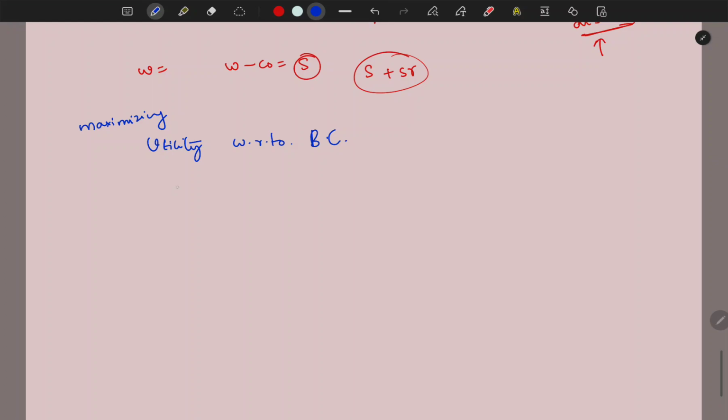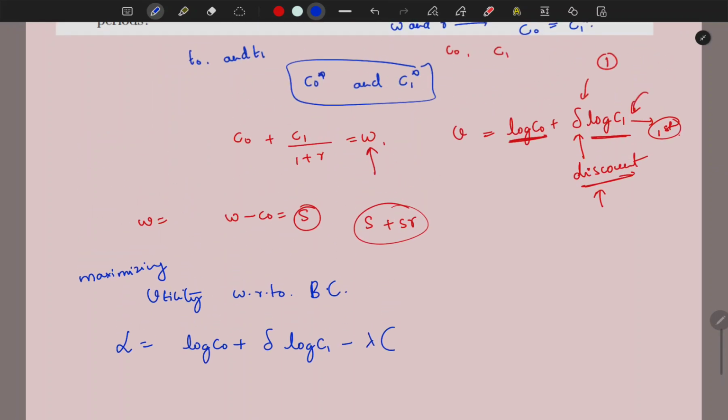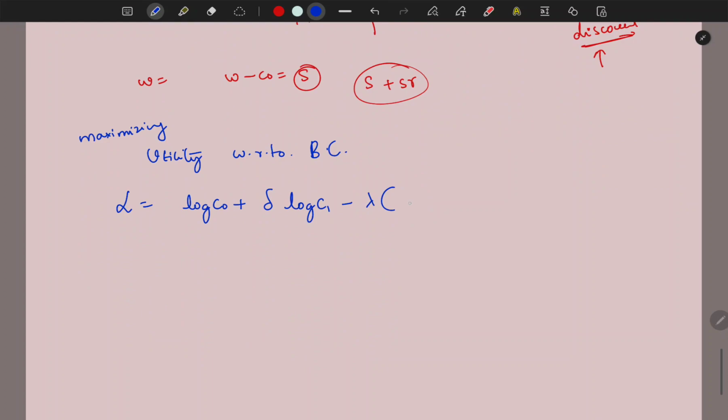The Lagrange is given by log C0 plus delta log C1 minus lambda times the bracket C0 plus C1 divided by 1 plus R minus W.